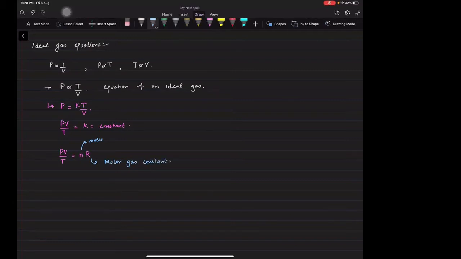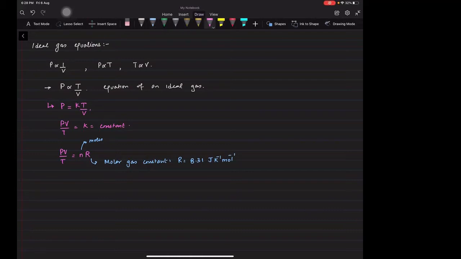K is equal to nR, and this n means number of moles, R means molar gas constant. Molar gas constant की value जो है, it is 8.31 J K^-1 mol^-1, K is the Kelvin. ठीक है. अच्छा, अब कितनी मजेदार बात है.